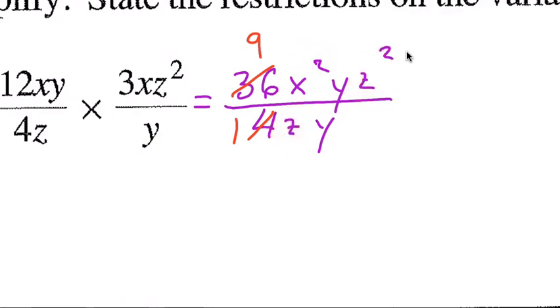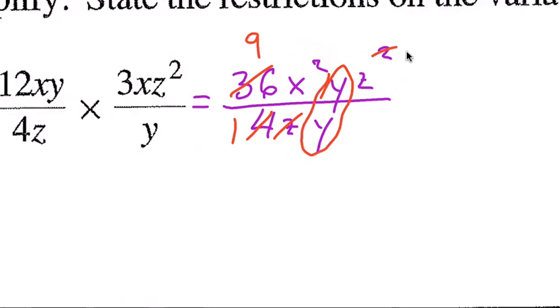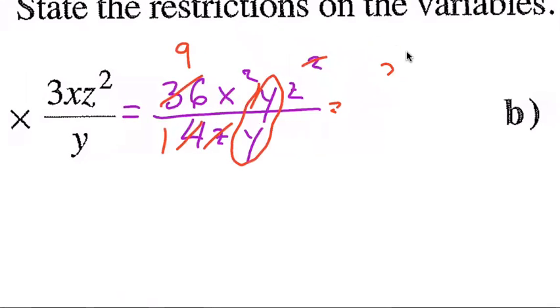This z on the bottom will cancel. This squared will reduce by 1, so it's just 1. And then my y's, those will both cancel. So I'm going to be left with 9x squared z over, oh, everything on the bottom canceled, so I don't even need the line.